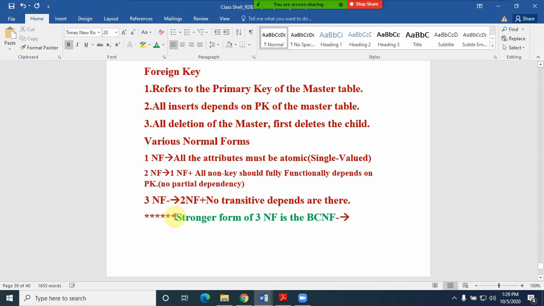Very rarely, friends, the company selects the fourth normal form and fifth normal form. Many companies stop their normal form implementation at BCNF, because many studies have shown that up to BCNF you can achieve better database quality and design. So they are not insisting on 4NF and 5NF.